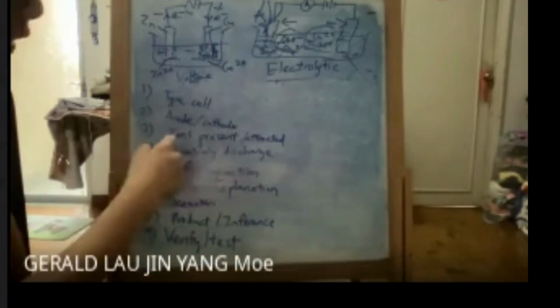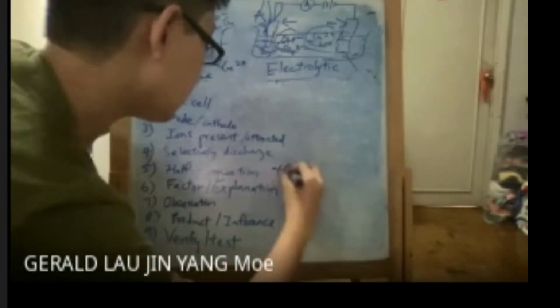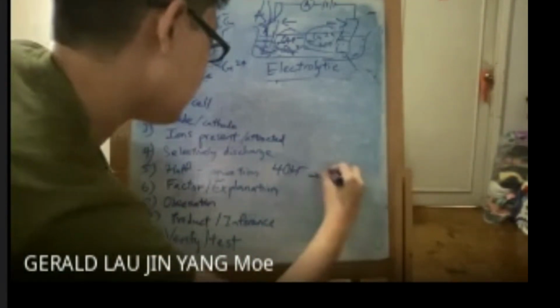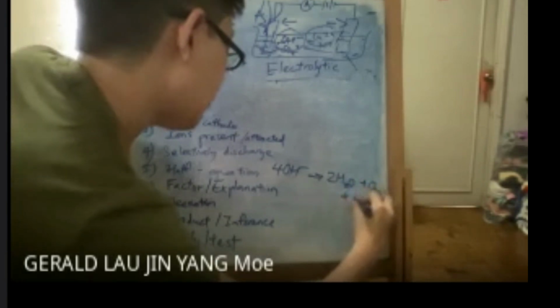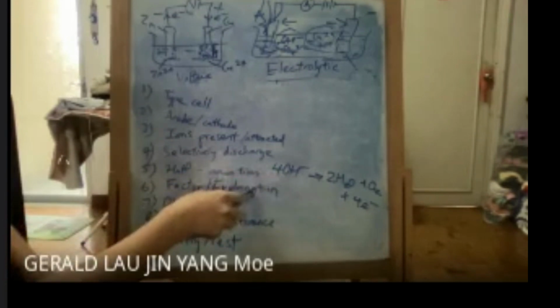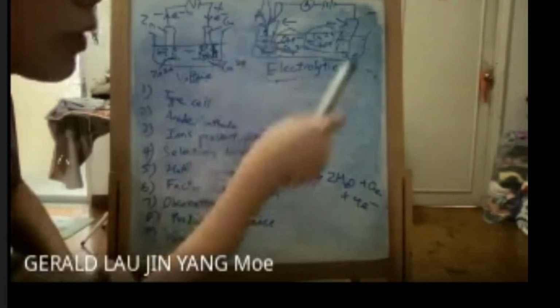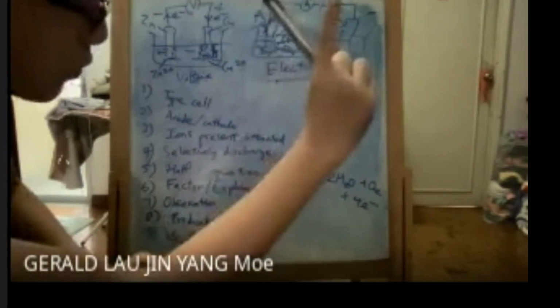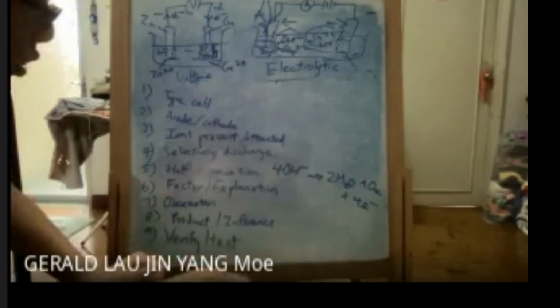You must say hydroxide ion, and then you write the half equation: 4 orang hutan, minum 2 air, makan otak-otak dengan 4 elephant. Then they ask you to explain why it is selectively discharged. This will be the first factor: inert value of hydroxide ion is more negative than inert value of sulfate ion.